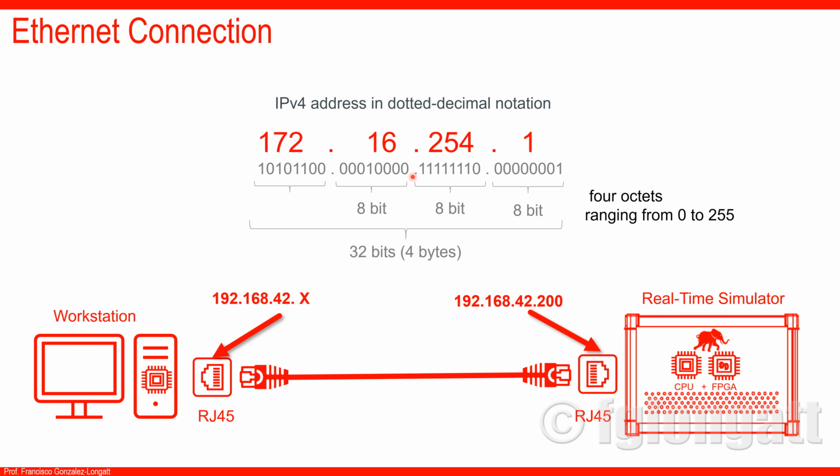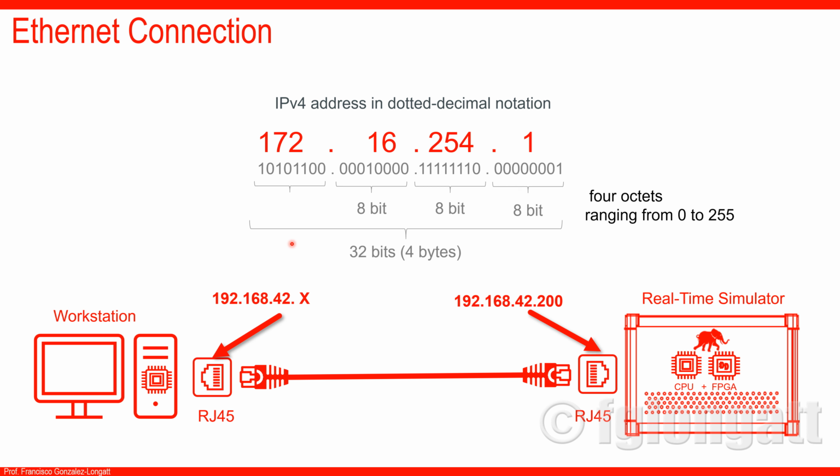Those 4 octets represent the address where this device is located, and that allows the communication. In simple words, this is 4 numbers, and each one of those numbers is an 8-bit number. And these 8-bit numbers create a specific address that is 4 bytes or 32 bits, okay?